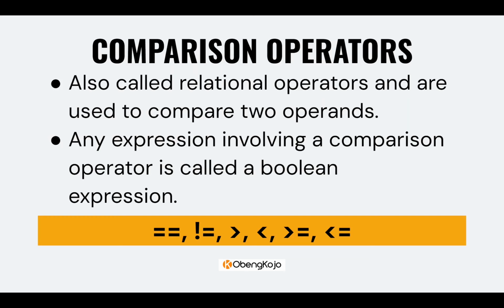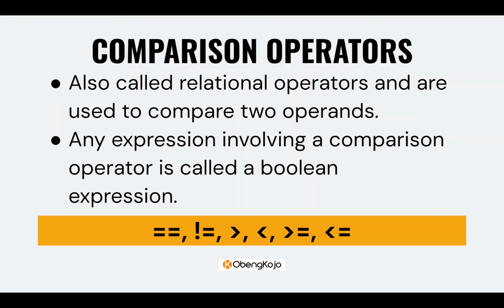Comparison operators can also be called relational operators, and they are basically used to compare two operands. So I think the name speaks for itself. Any expression that involves a comparison operator is called a Boolean expression. That is why we are studying the two together.